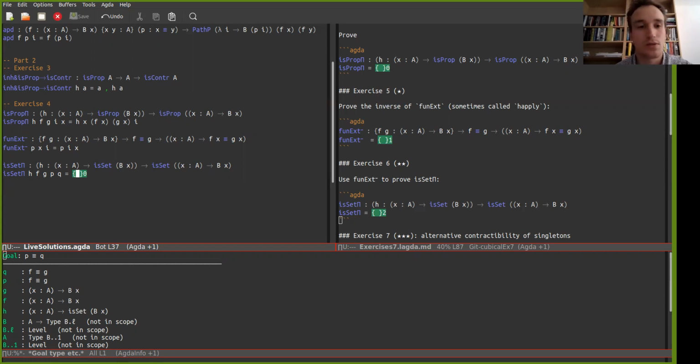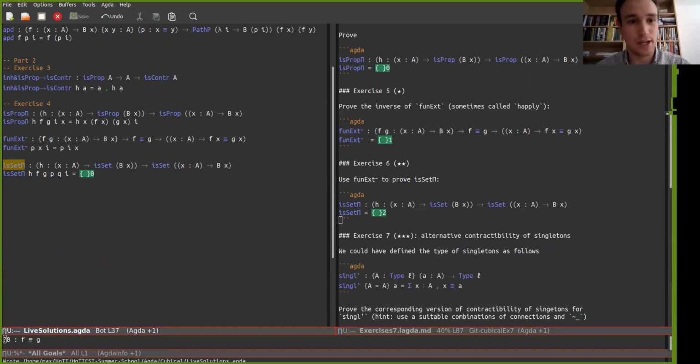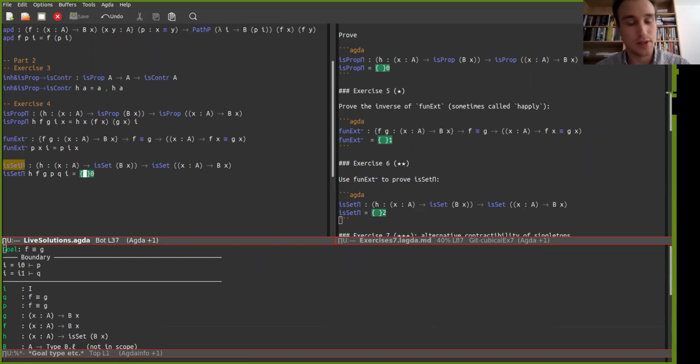You have a suggestion? Anyone? Yeah, exactly. The way forward is to just push on. So we give it an interval variable I. The goal becomes a path between f and g such that on the boundaries it becomes p or q.